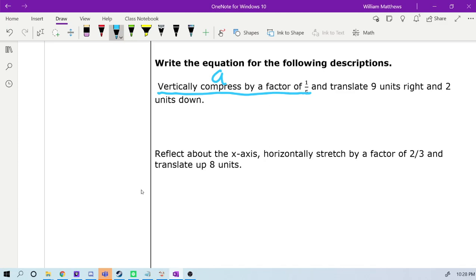And translate is our key word for the next part, giving us 9 units to the right. This being our C, it's a horizontal change, and it's adding and subtracting. And 2 units down. This is a vertical change, so it has to be A or D, and is dealing with a translation. This is adding or subtracting to the end of the equation.